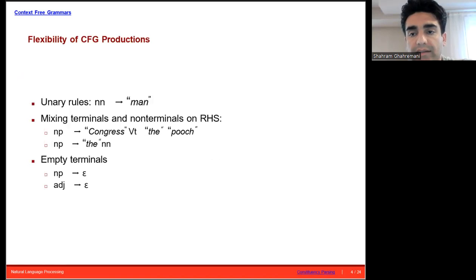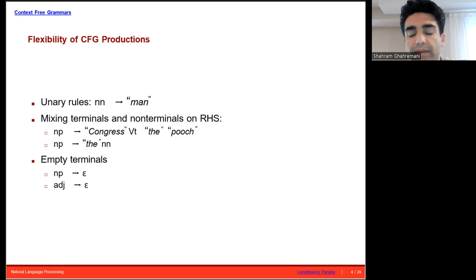And this context-free grammar formalization is pretty flexible. So you can have unary rules that attach some sort of syntactic structure to individual terminals, and this could be something like part of speech tags.